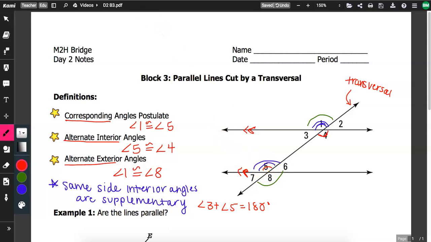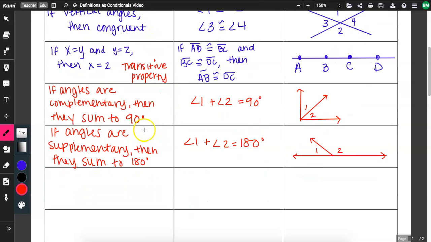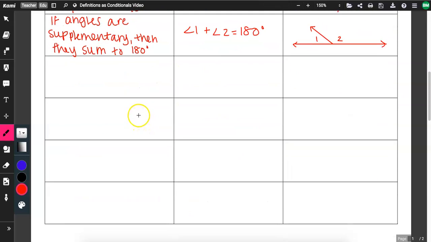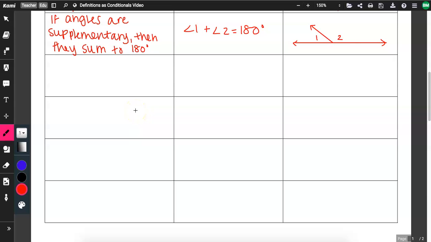Okay, so let's go to our definition sheet and add those 4 statements. We're going to start with corresponding.